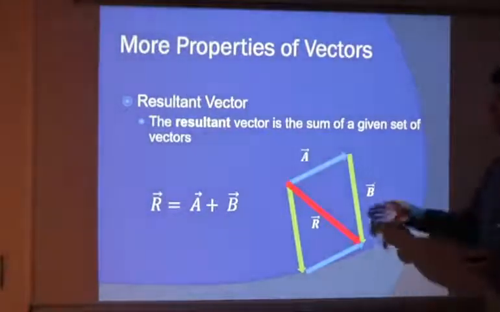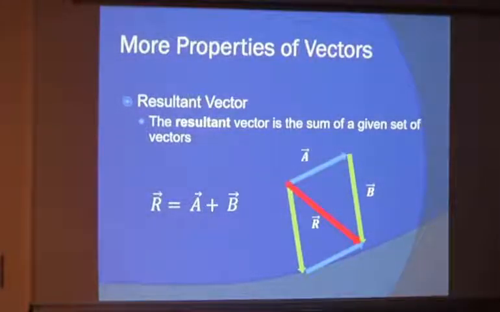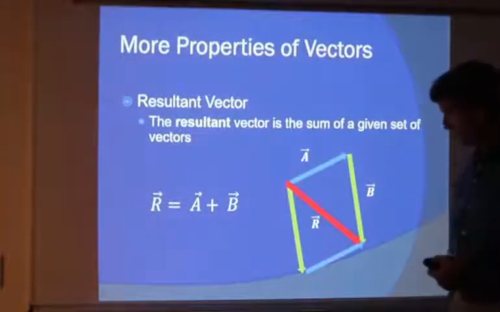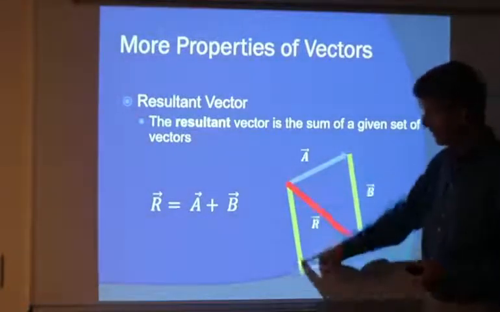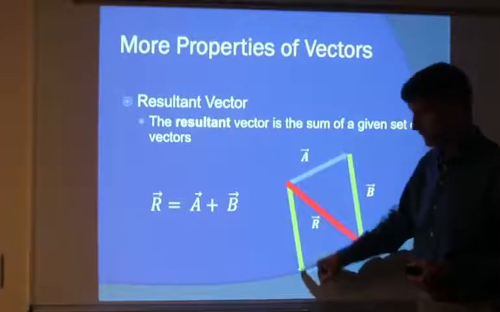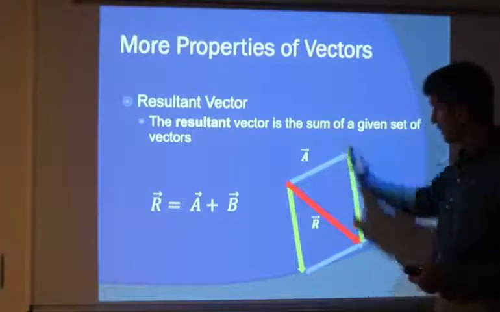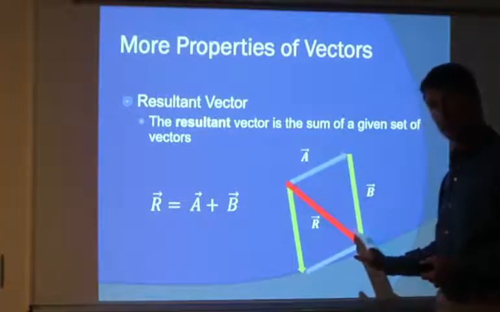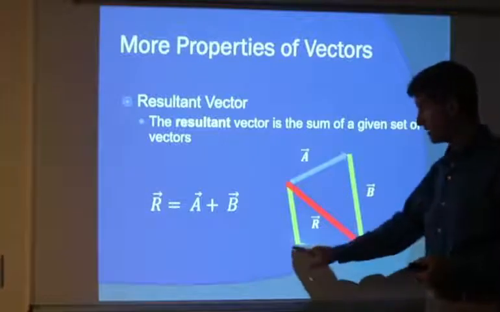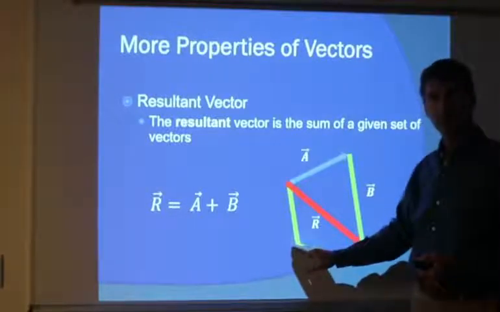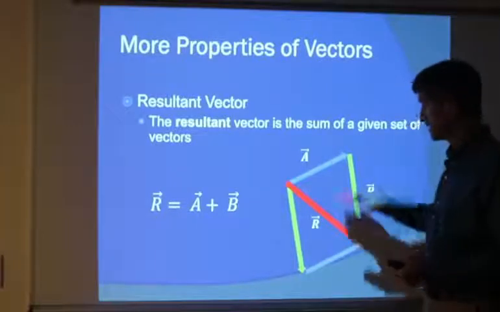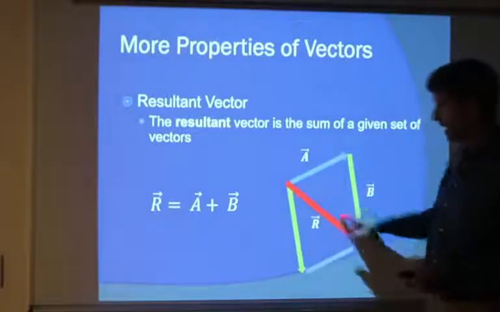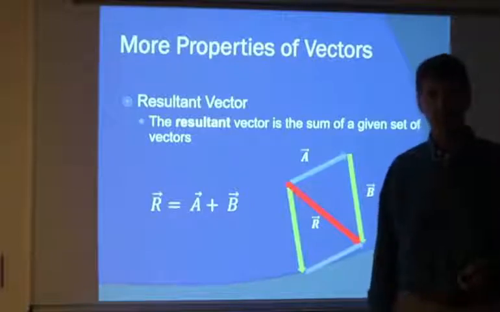Okay? The other way we can do this is sort of a parallelogram method. We can take one vector here, A, one vector here, B. Okay? This creates the sides of the parallelogram. Create a perpendicular line opposite to B where A ends, create a perpendicular line opposite to A where B ends, and the diagonal of the parallelogram becomes the resultant.